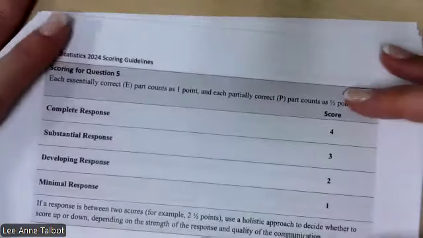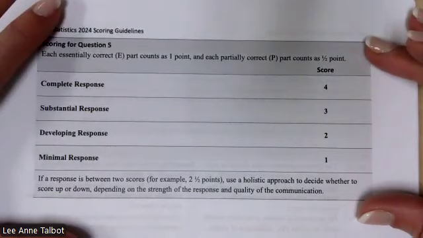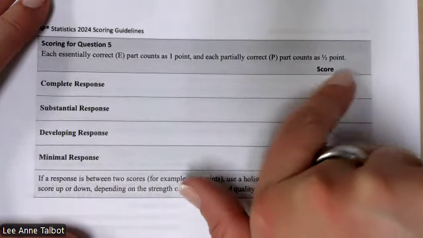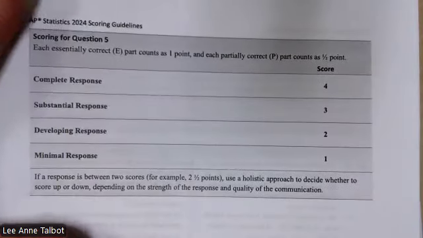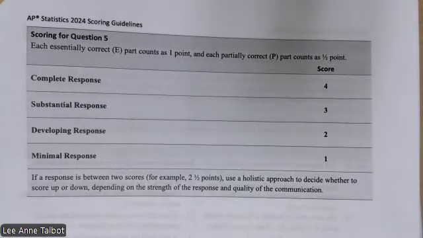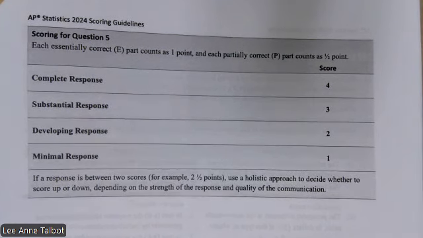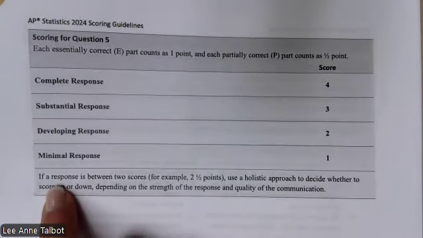Okay, now this is different. There were 4 sections. So each E counts as 1 point and each P is a half point. Oh, and this is fun.